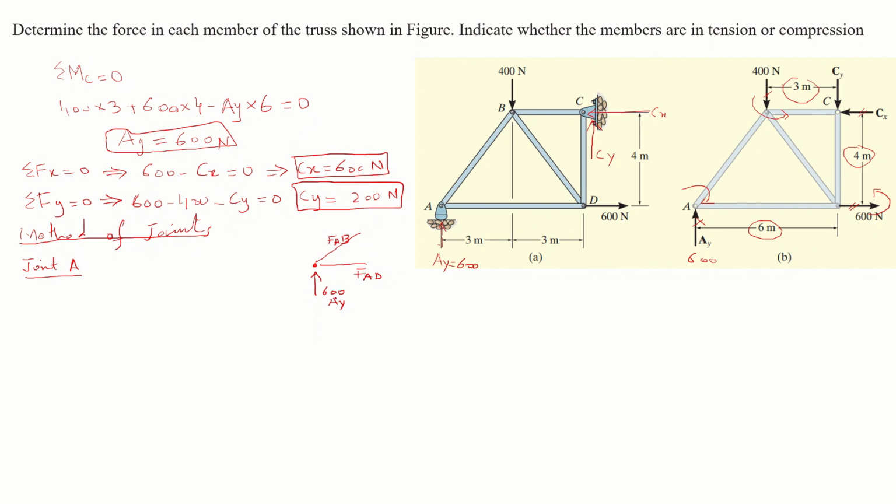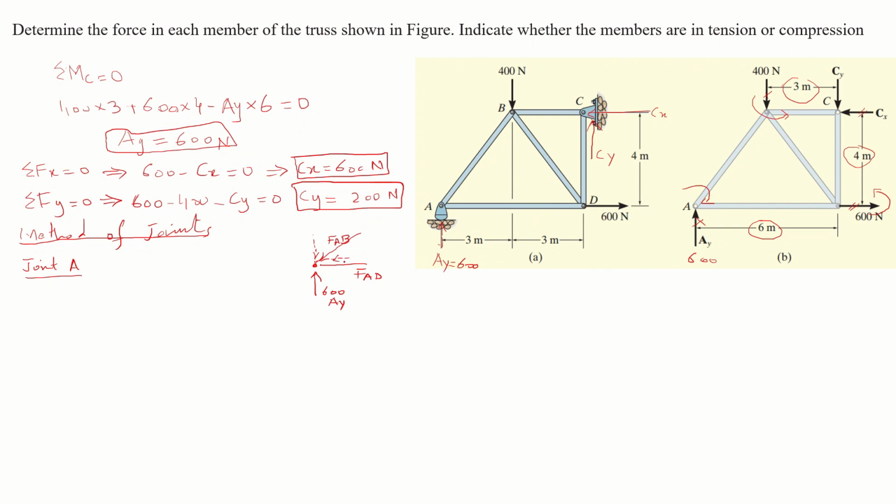As you can see, this Ay force is acting upward. So to counter this 600 Newton force, this FAB should be on the downside, and it will have two components, this Y component and this X component.